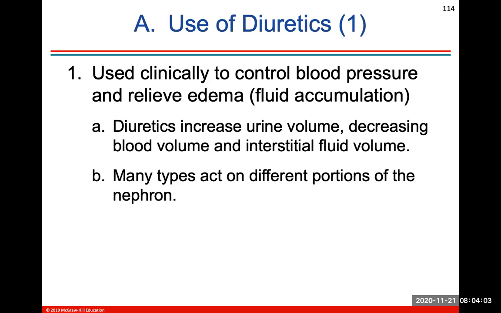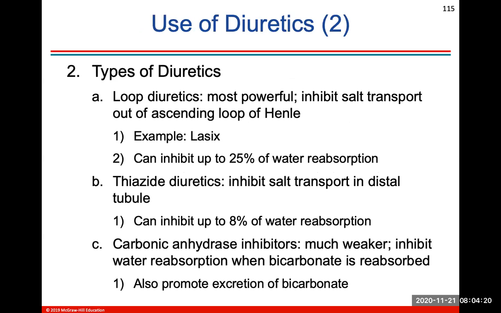Some clinical applications: diuretics are used clinically to control blood pressure and relieve edema, fluid accumulation, or swelling. Diuretics will increase urine volume, decreasing blood volume and interstitial fluid volume. Many types will act on different portions of the nephron.